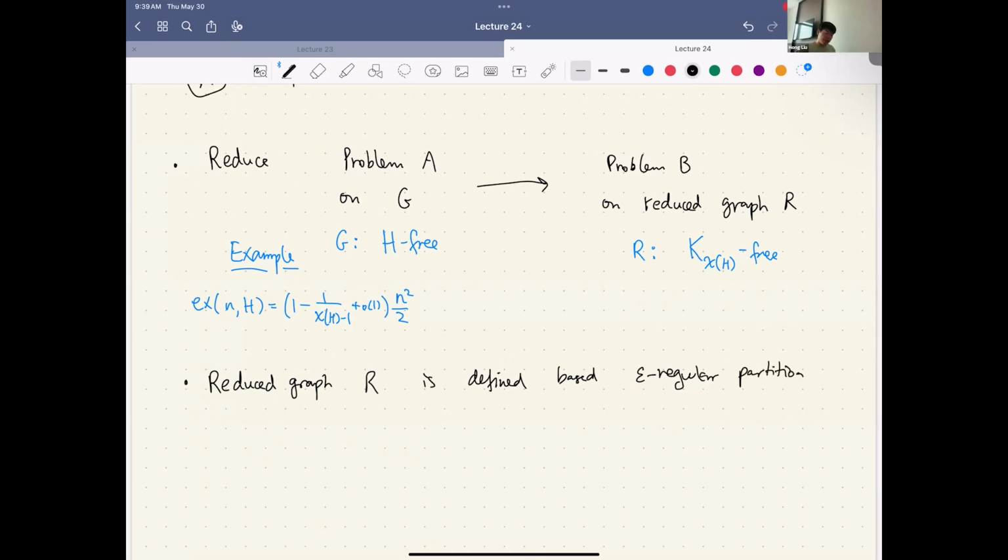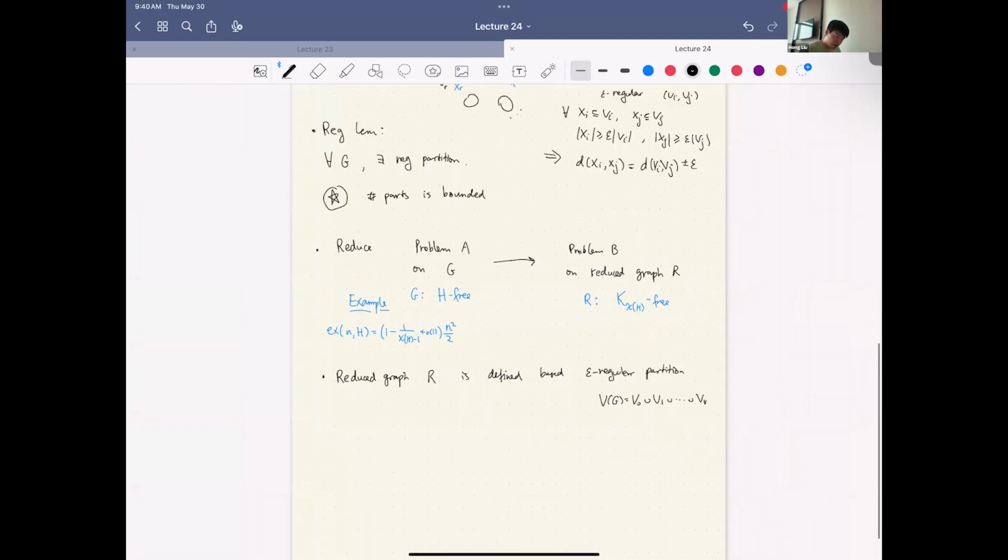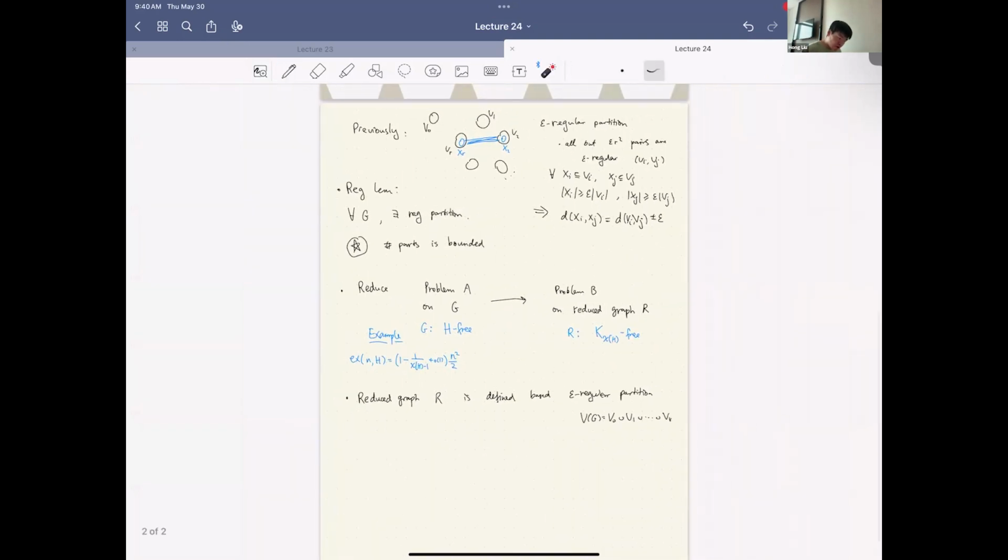So technically speaking, R depends on the partition we have. So the partition, for example, looks like V(G) equals some exceptional set, V1, ..., Vr. So what we're going to do is shrink each one of these to a single vertex.